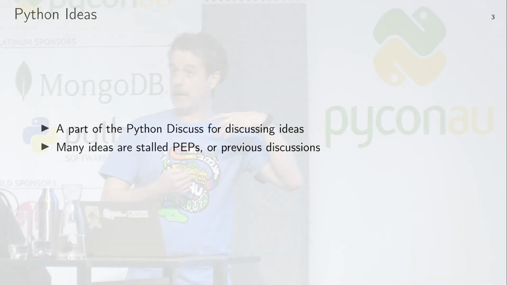Or even more concretely, that idea was proposed in the standard Python way, a PEP, which we'll get onto later on, and these are all the reasons that PEP didn't proceed. So whenever I have an idea, because I subscribe to the Python Ideas mailing list, I know how to set my expectations for any ideas that I come up with, and they are low.